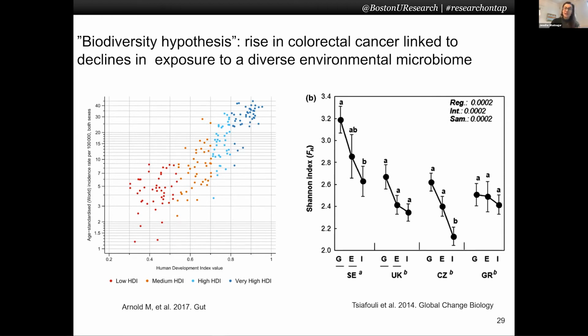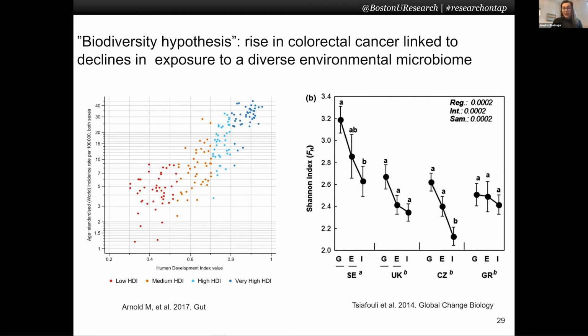On the left, you see the incidence of colorectal cancer as a function of the Human Development Index, or basically how industrialized a nation is. It turns out there are a lot of things that happen when a nation industrializes, but one of the things that happens is intense urbanization. And that leads to a reduction in our exposure as people who live in cities to a diverse environmental microbiome. And you can see that on the right.